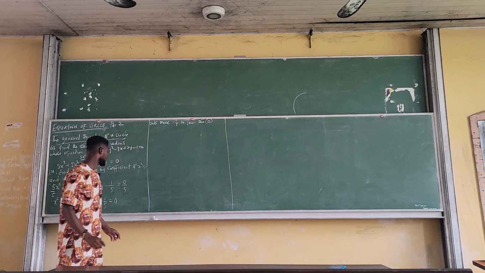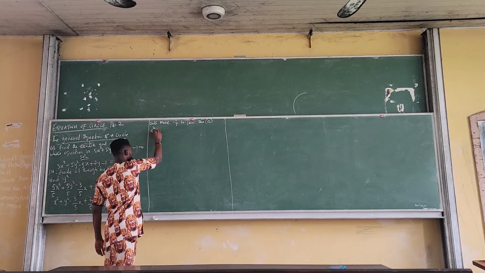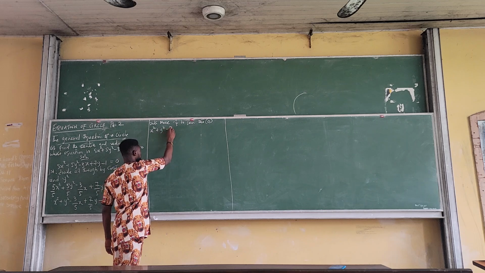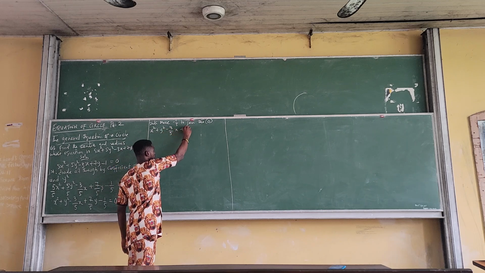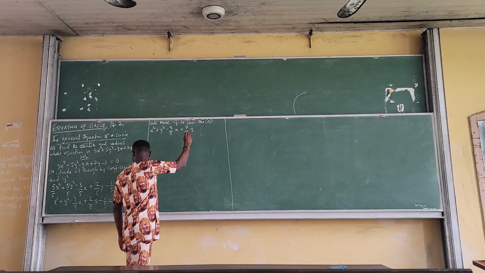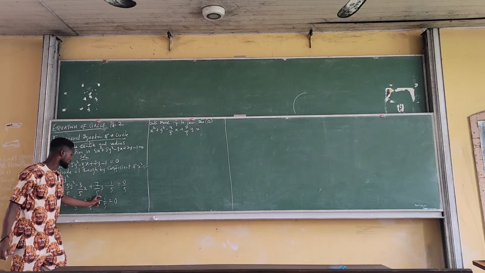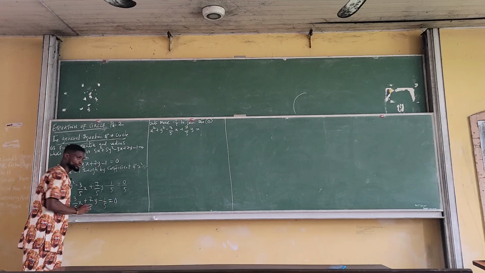If you do that, we have x square plus y square minus 3 over 5x plus 7 over 5y will be equals to, if you look at it, minus.